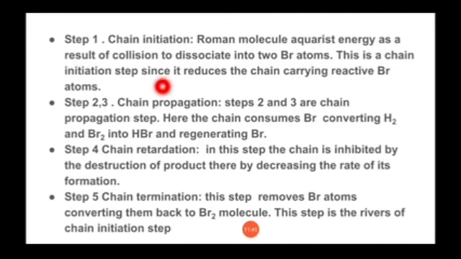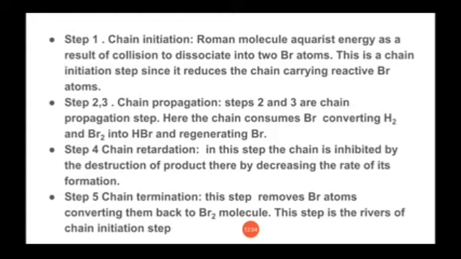This is a chain initiation step, since it produces the chain-carrying reactive Br atoms. As we have seen, in the first step the Br2 molecule converts into two Br atoms because the bromine molecule acquires energy through the collision process.